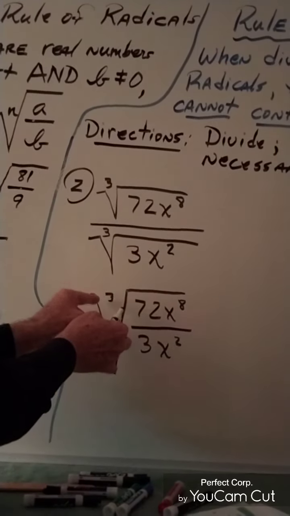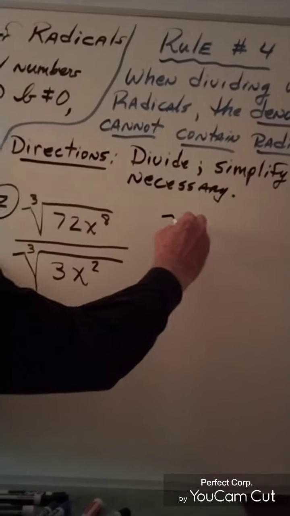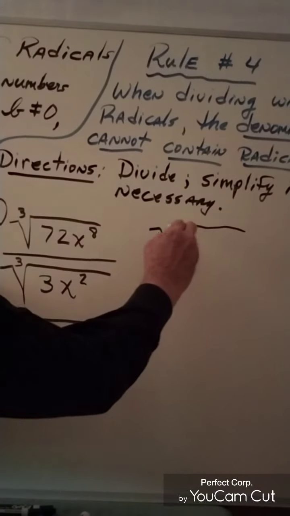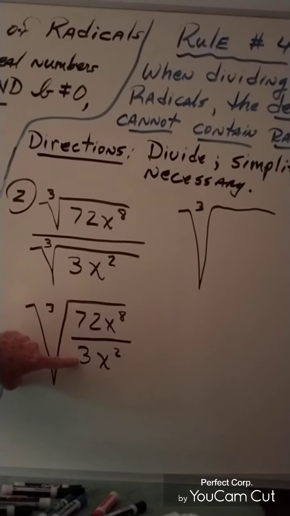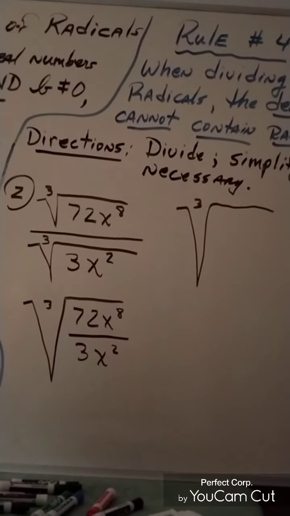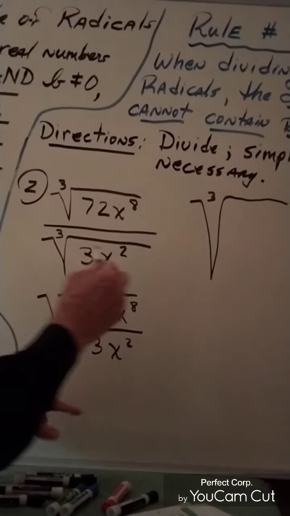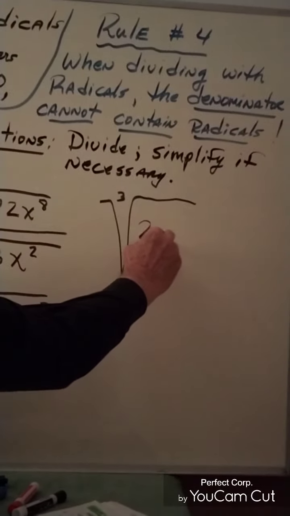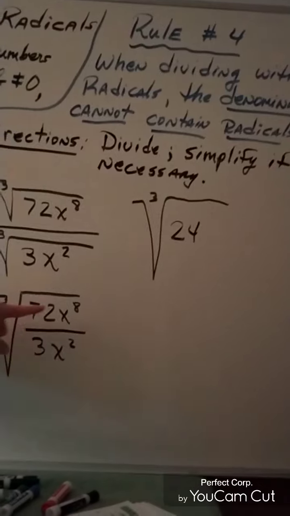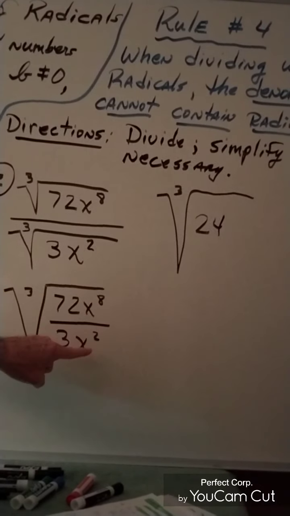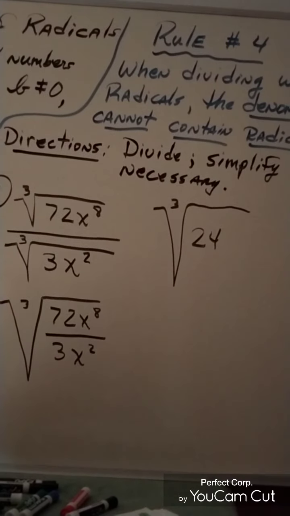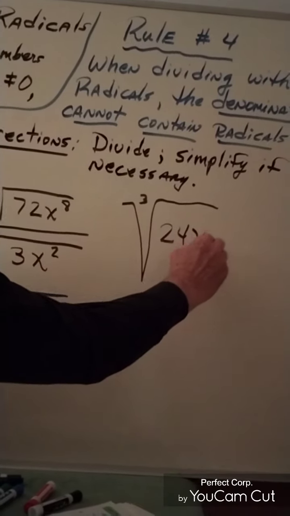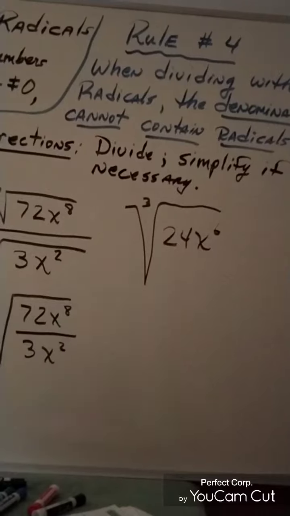So let me just kind of elevate it right up here. 72 divided by 3. Well, if you divide it, it will go 24 times. And x to the 8th divided by x to the 2nd, if we subtract the exponents, we'll get x to the 6th.